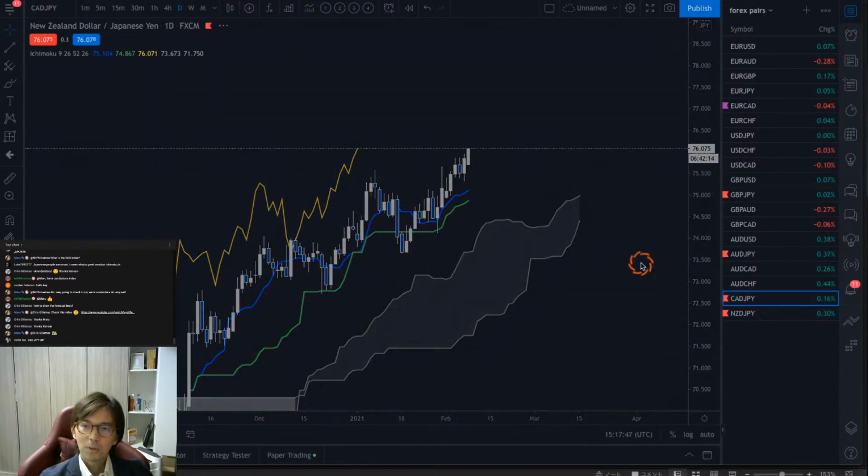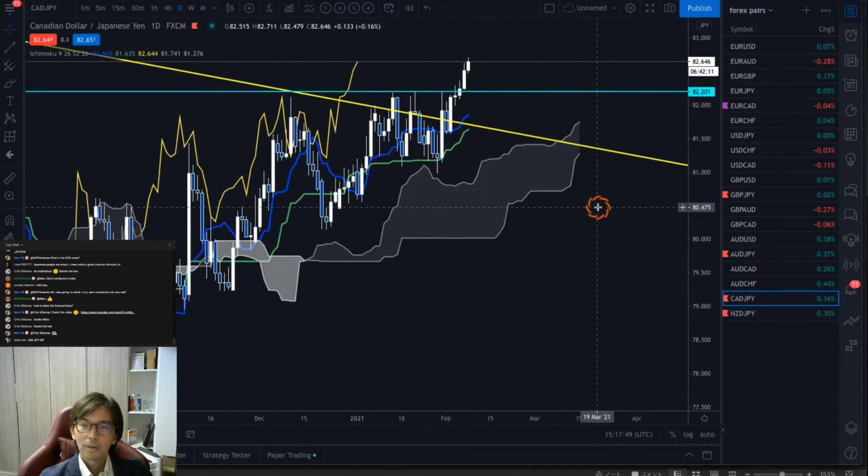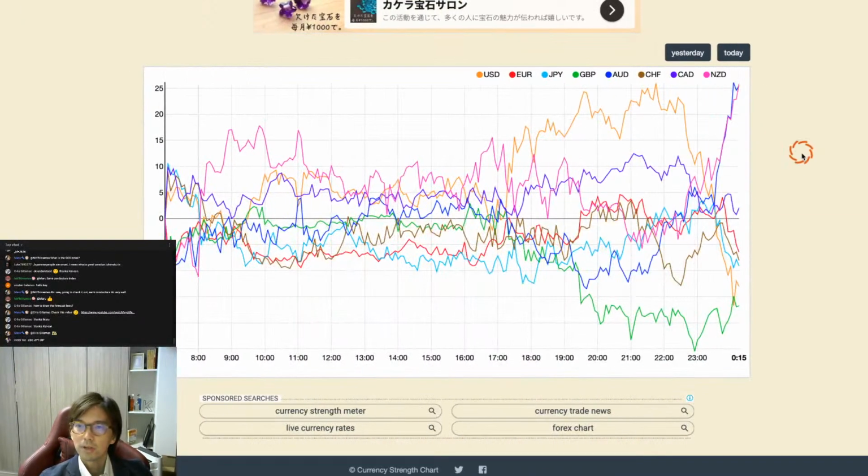And CAD-JPY is uptrending too, but it has less volatility among these four pairs, because CAD is the purple one, and CAD at the moment is in the middle. And JPY is over here. So this is the JPY, and this is CAD.